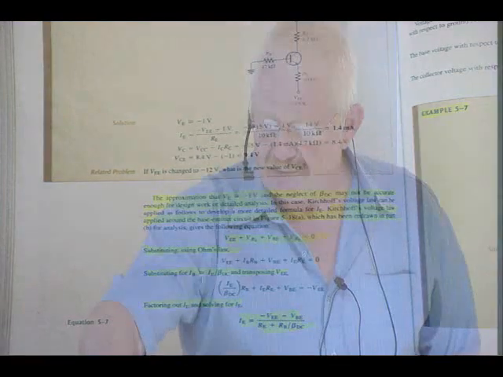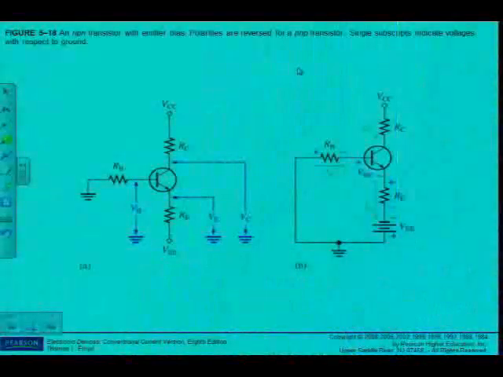So if we go and look at that circuit, you can see that VEE plus VRB plus VBE plus VRE should be equal to 0. Then by substituting and using Ohm's law, VEE plus IB RB plus VBE plus IE RE is equal to 0.